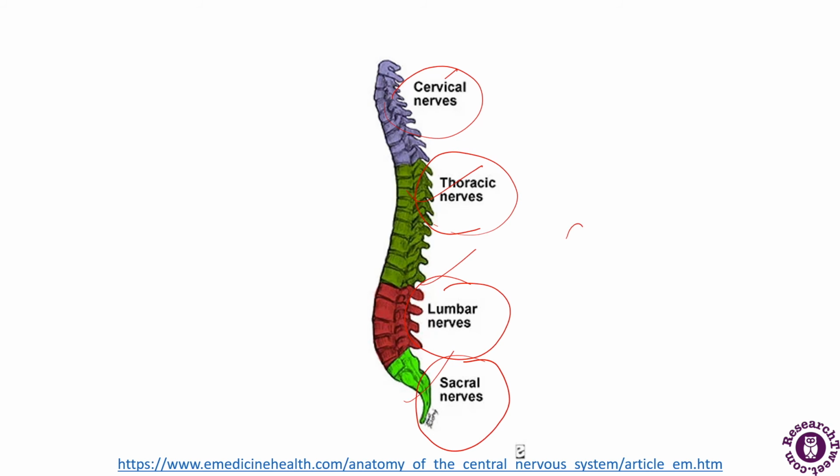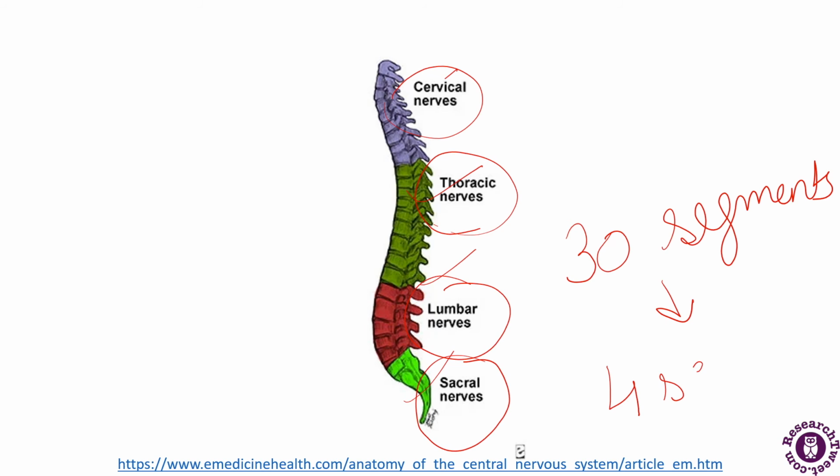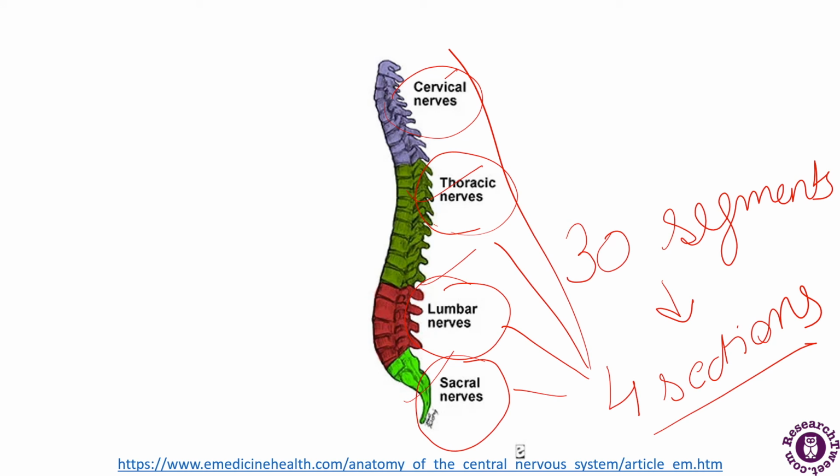Within the spinal cord, there are a total of 30 segments, and these belong to the four sections displayed in the figure here.